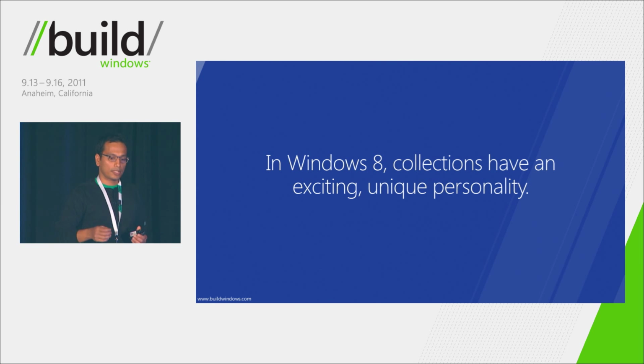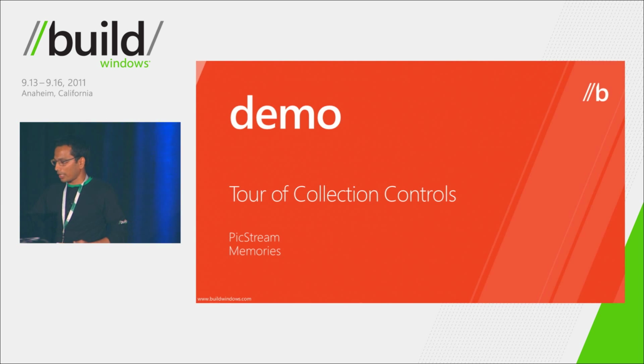And just belaboring on it a little bit, yesterday we talked about tiles and how an active tile really brings your applications to life. And Alesh, in his keynote, also mentioned how a collection which does not do animations is crap. And I thought that was really cool for him to call that out. So in Windows 8, animations are part of the collection's personality. So let's take a quick look at the Windows 8 experience around collections.